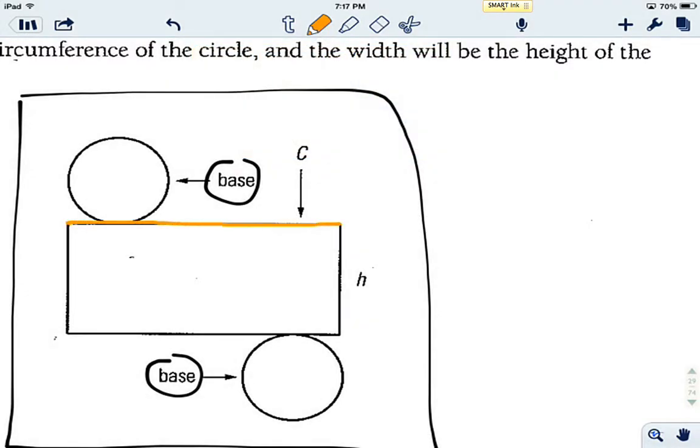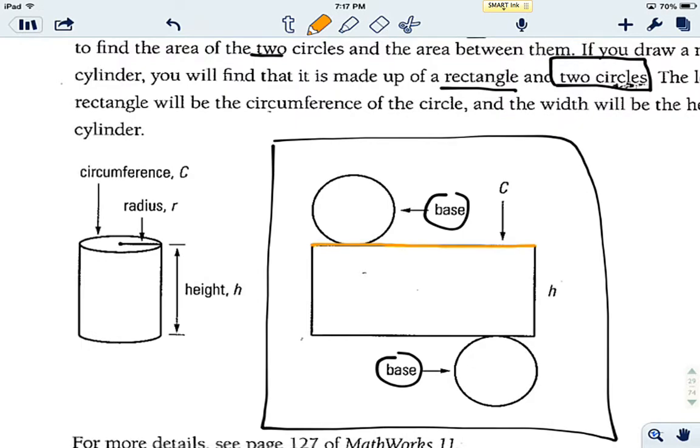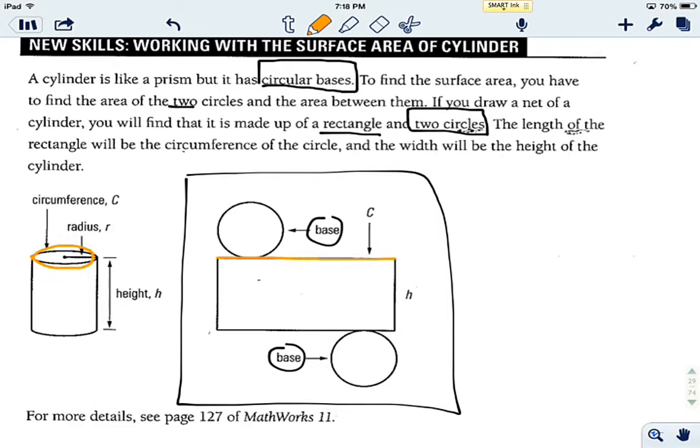Take a look at this rectangle, the top value, which I'll outline in orange. That is the circumference around the circle here. If you look back at this piece, the top part of that rectangle goes all the way around that cylinder. So the top value is the circumference of the cylinder. Circumference means just the distance around the circle. And we have the height here.